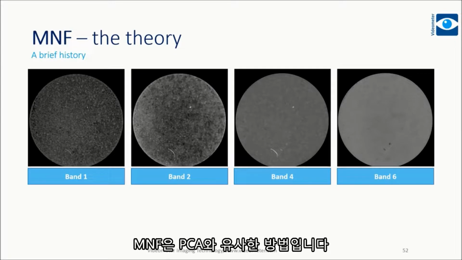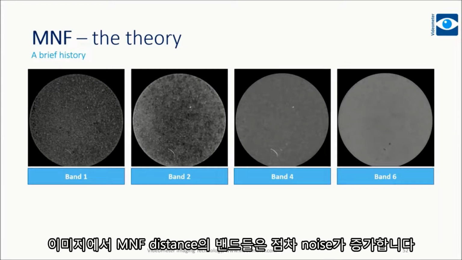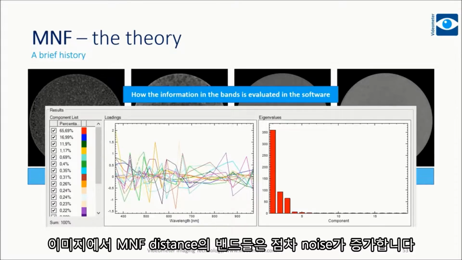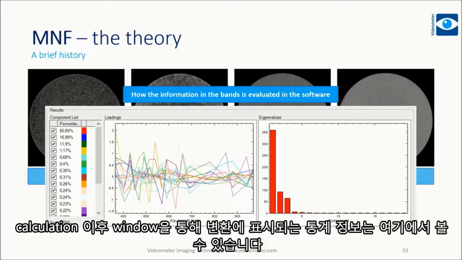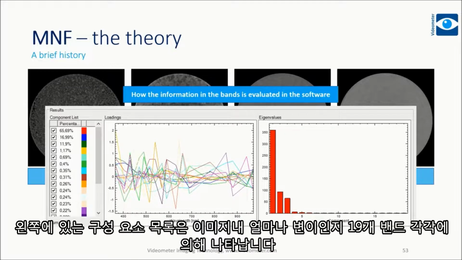The MNF works in a similar fashion as PCA, and the later bands in the MNF transformed image will gradually become more noisy. The statistical information which shows up in the window below after calculation is seen here in the slide. The component list to the left indicates how much of the variation in the image is explained by each of the 19 bands.